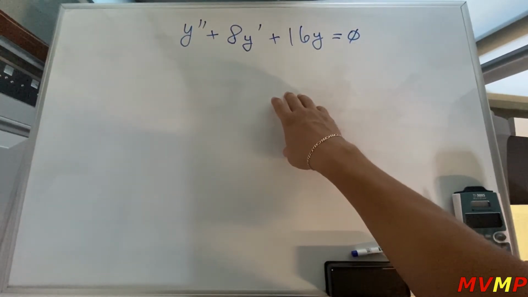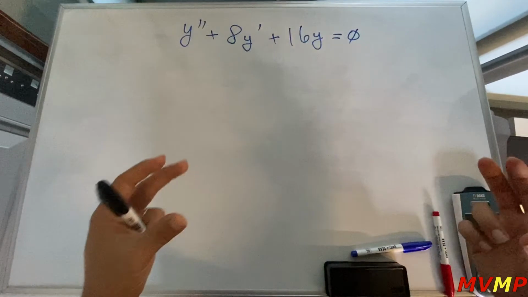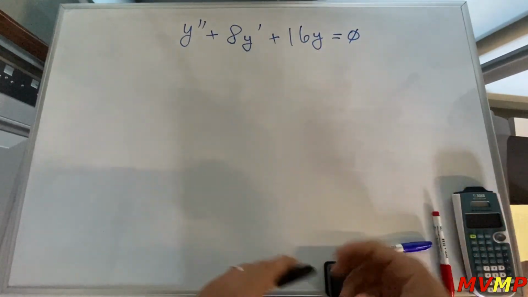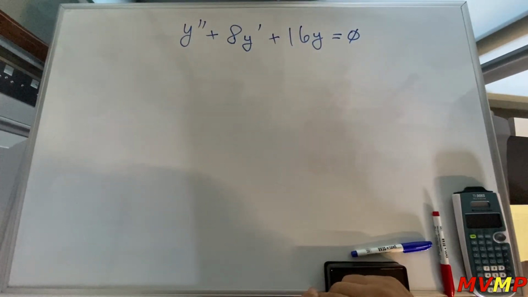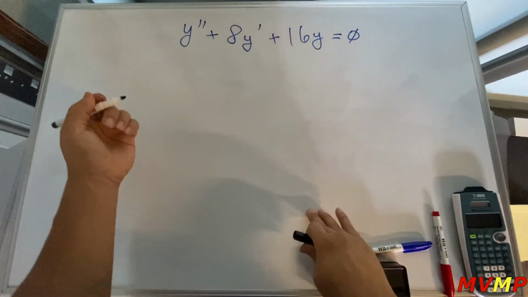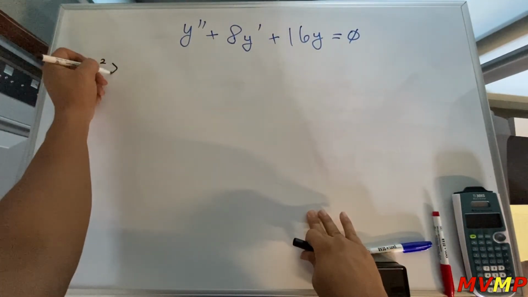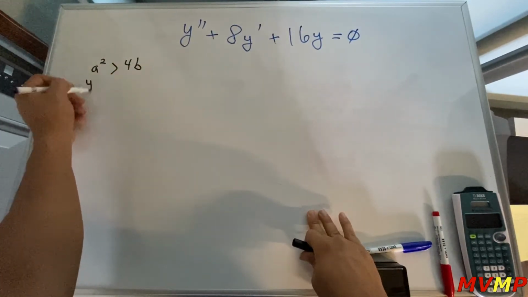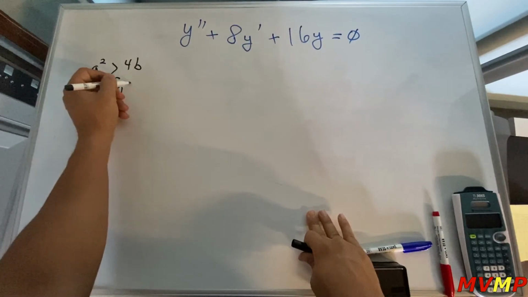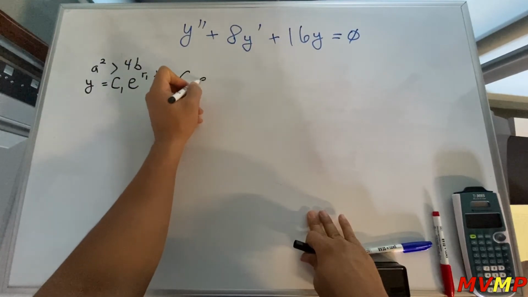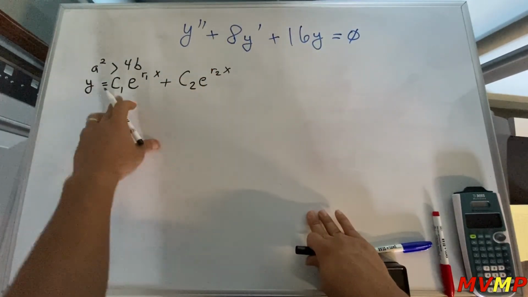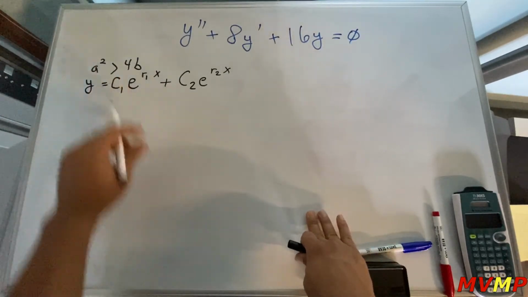Now, here it's asking you to find the general solution, which is a general format which this second order system is set up in. So you can find this in the reference in the same section as the previous problem. And the general solutions would be, if a squared is greater than 4b, then y equals c1 e^(r1 x) plus c2 e^(r2 x) for that case where it is overdamped.